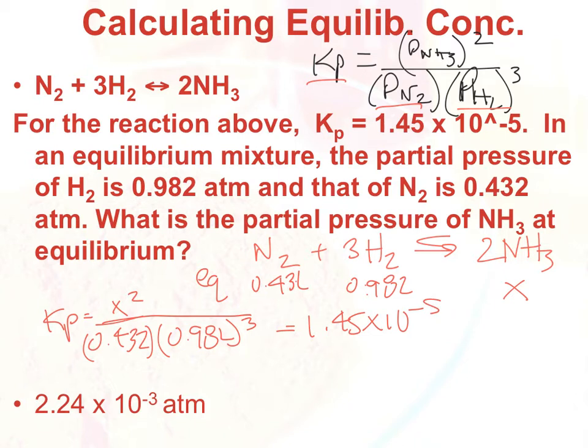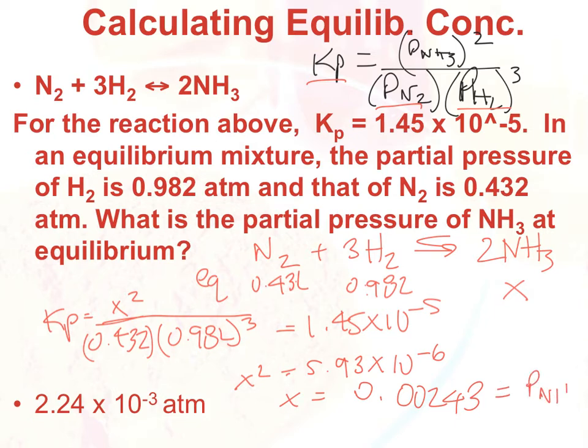We're going to manipulate this to give us x squared being equal to 5.93 times 10 to the negative 6th. We take the square root of both sides, and x is going to subsequently equal 0.00243. Therefore, P of NH3 is this, in atm.